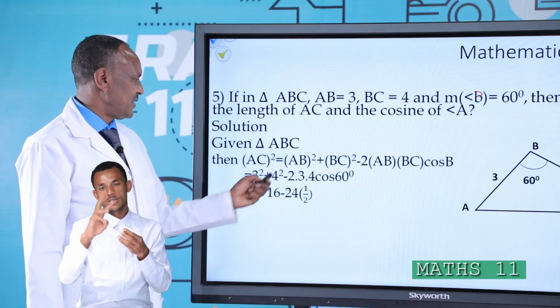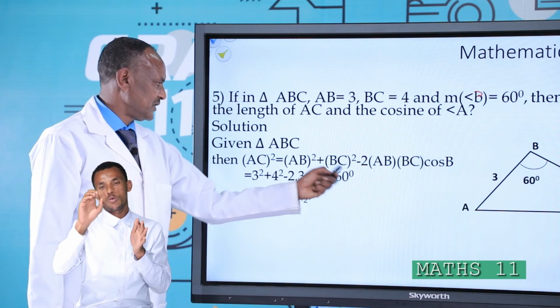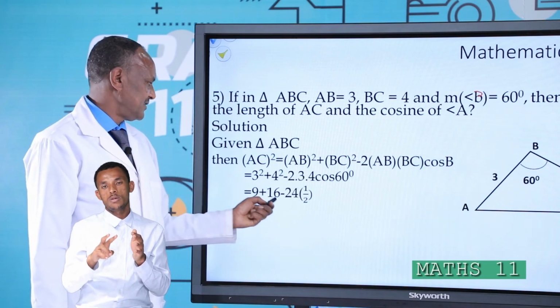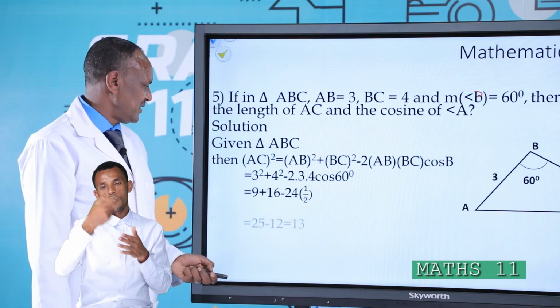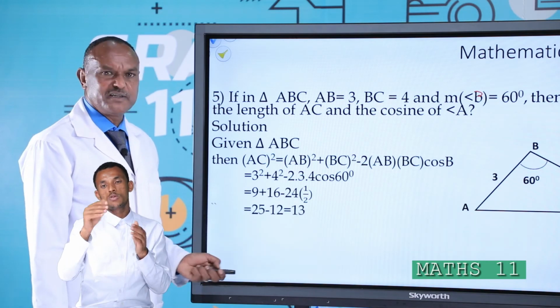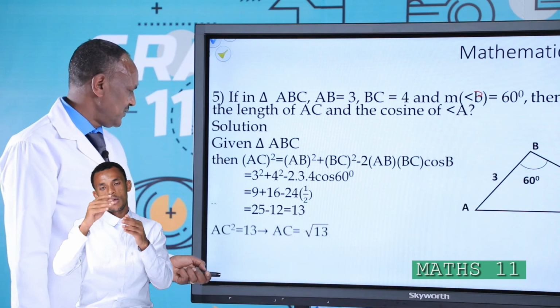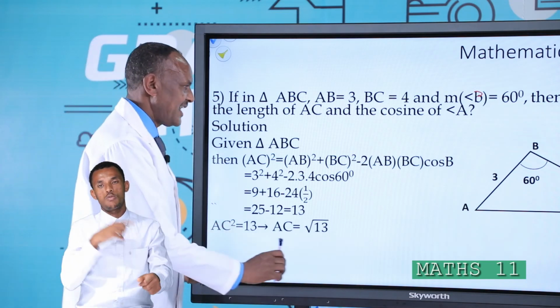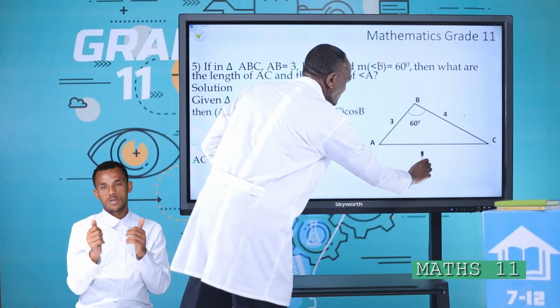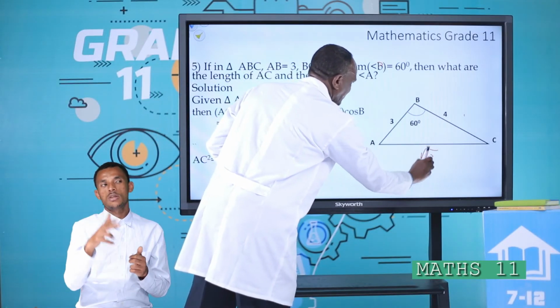So it's 9 plus 16 minus 2 times 3, 6 times 4, 24 times half. You will get 25 minus 12, which is 13. So AC squared is equal to 13, which means the length of side AC is equal to root 13.